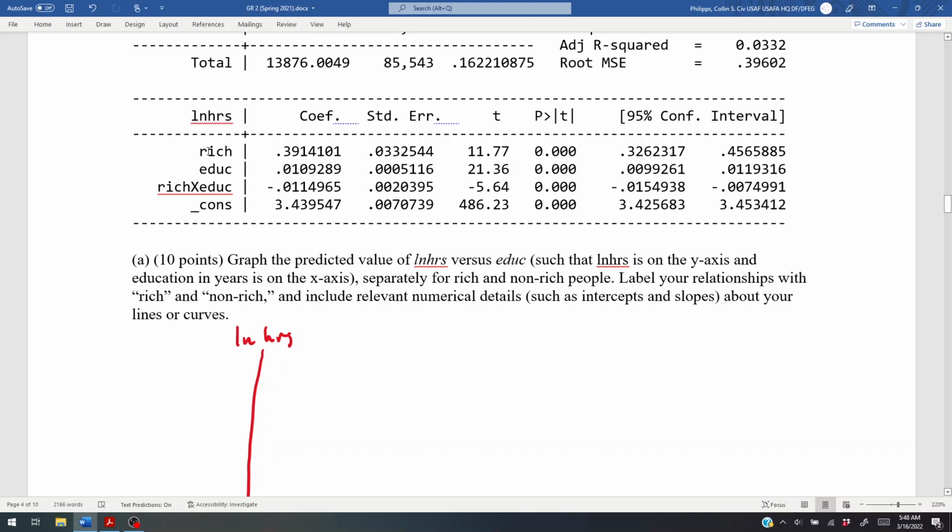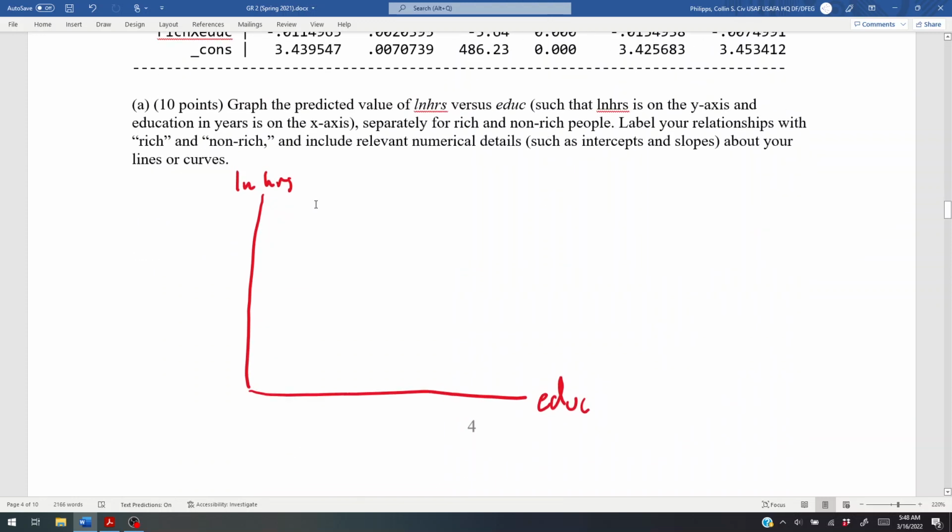Yes, rich is 0 if you make less than 100,000. Can education be 0? Well, hypothetically. Can rich times education be 0? Yes, if either rich or education is 0, then that could happen. So for a non-rich person with 0 years of education, everything else is 0, and I expect the log of hours to be 3.44. So let's go down here.